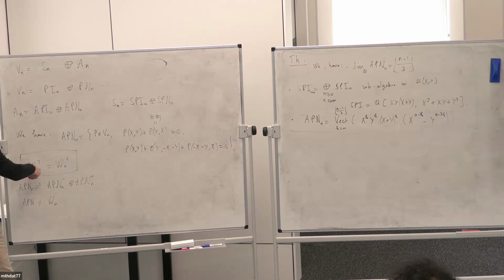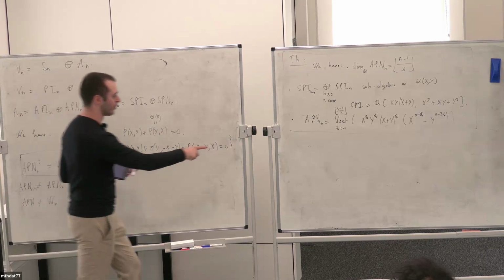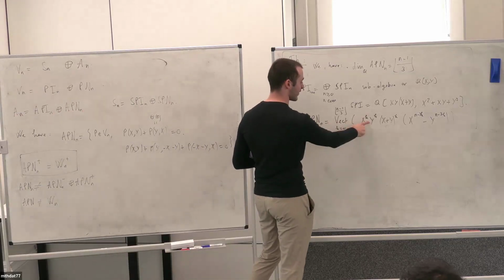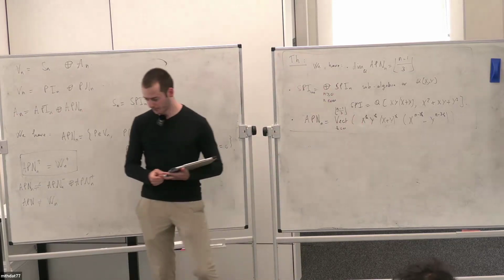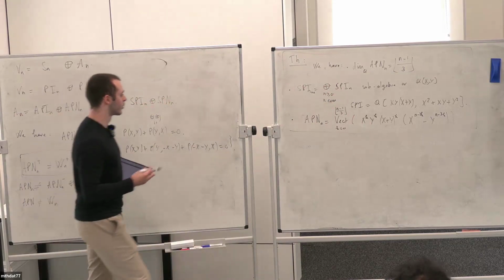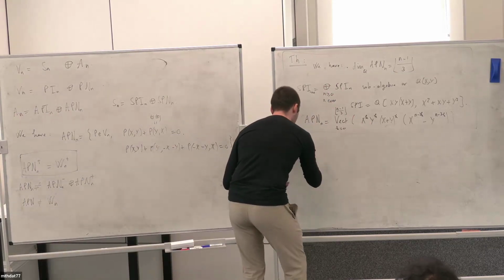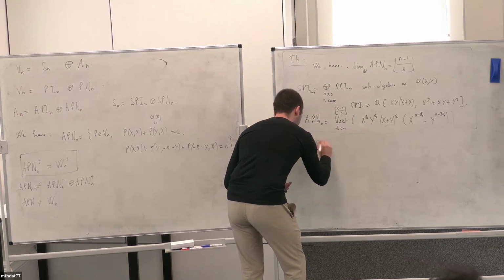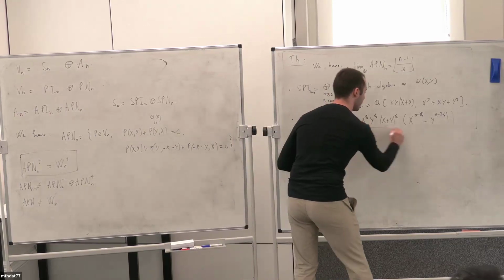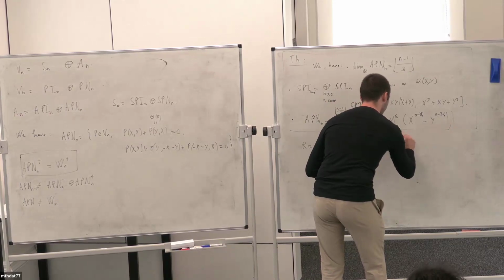Because we have this equality in a very simple basis of this space, then one can compute. Let me state it precisely. Let me call this polynomial Rk.